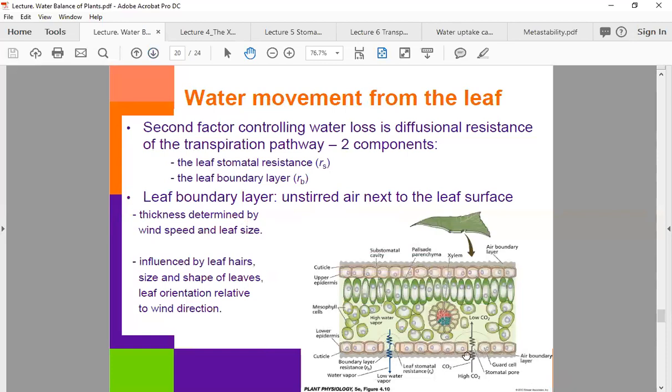The thicker that air boundary layer, the greater the resistance to loss of more water vapour from the leaf. This can be influenced by the presence of leaf hairs, size and shape of the leaves, and the leaf orientation relative to wind direction.